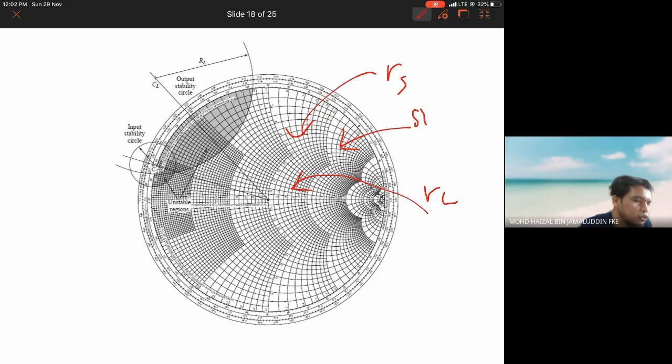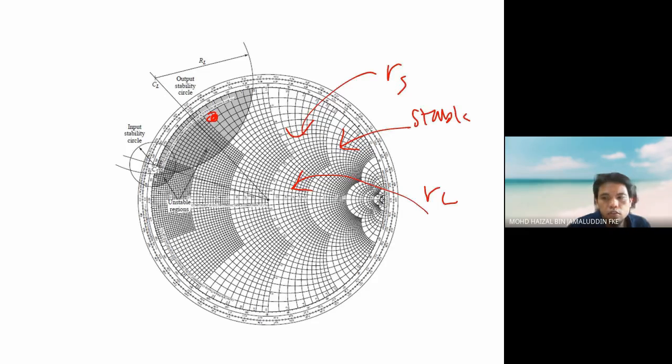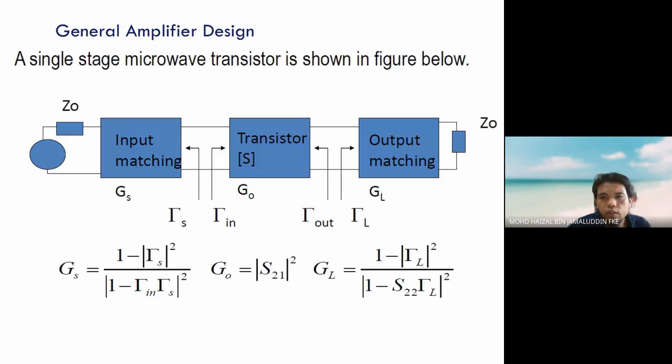What happens if you choose your gamma S and gamma L inside this unstable region? If you choose that, the amplifier will not work properly. That's all for this section on stability circle, and we'll proceed with the amplifier design.